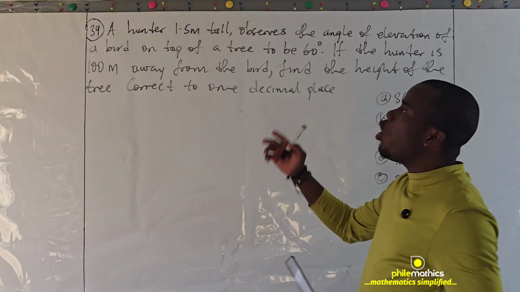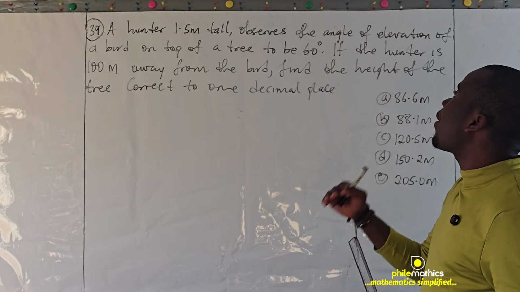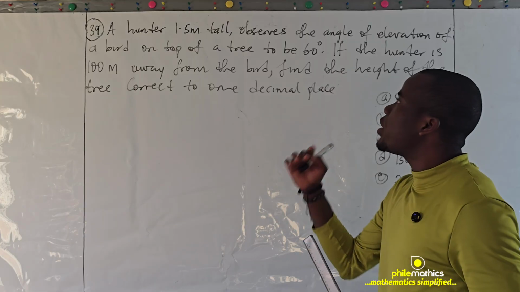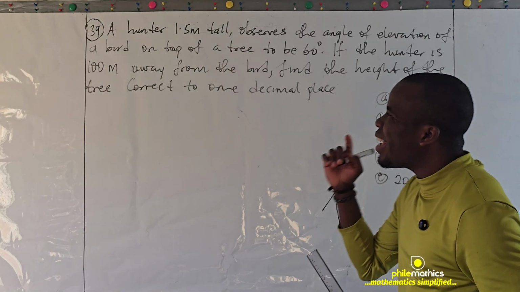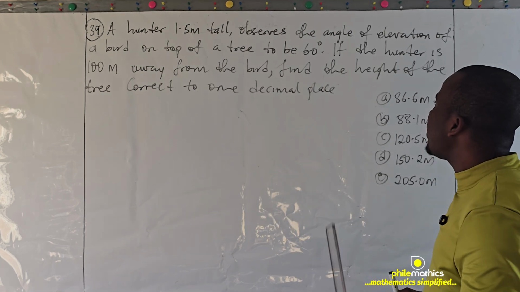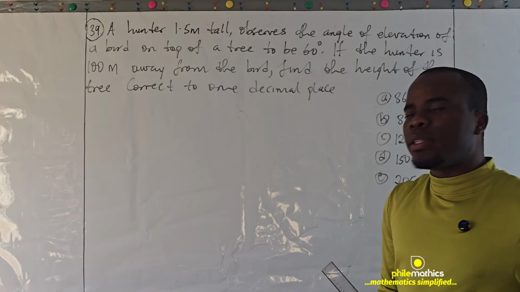That is E. A hunter 1.5 meters tall observes the angle of elevation of a bird on top of a tree to be 60 degrees. If the hunter is 100 meters away from the bird, find the height of the tree correct to one decimal place.